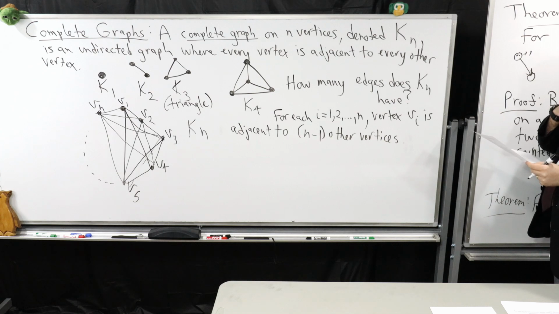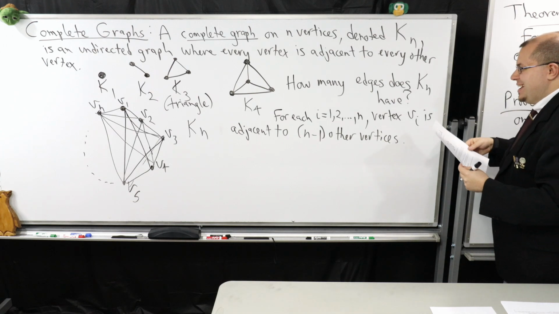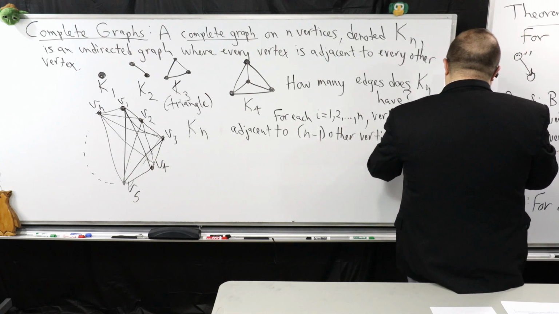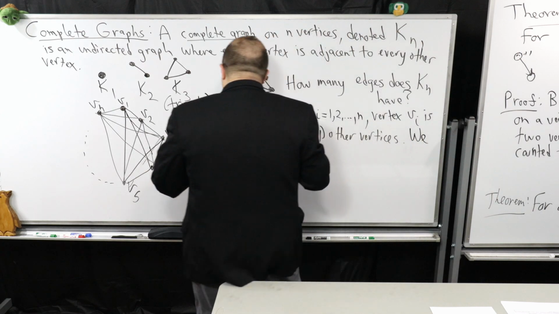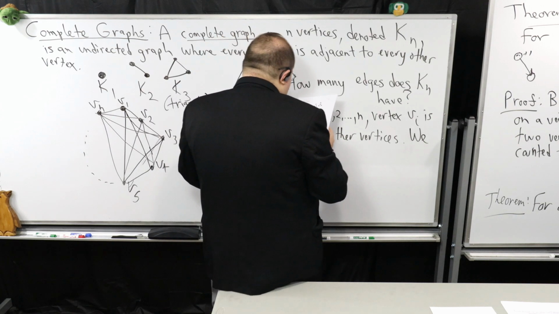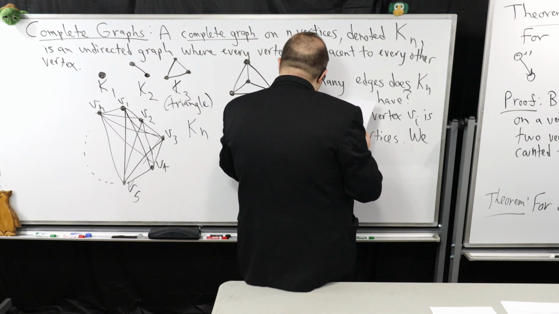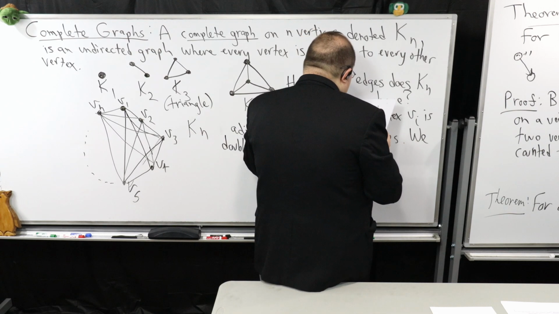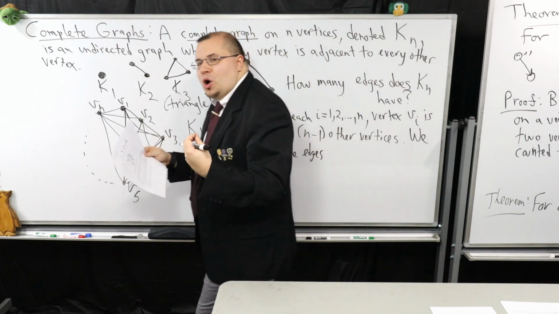Now the interesting thing is that we technically double count the edges. This is where things are going to get a little weird, but it's really not that bad. Double counting means I'm over counting.